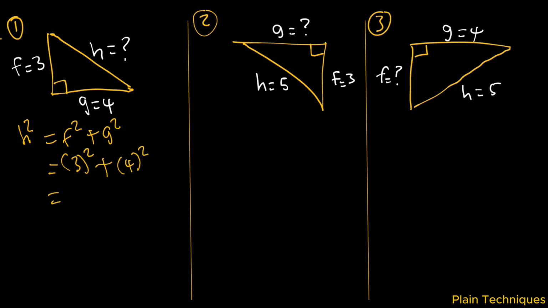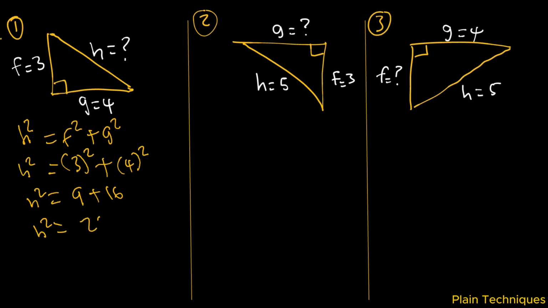Now I'm going to go ahead and calculate all of this. So this will give me 9 and this will give me 16. Remember, this side I still have h squared. So this will be 25 when you add them together.